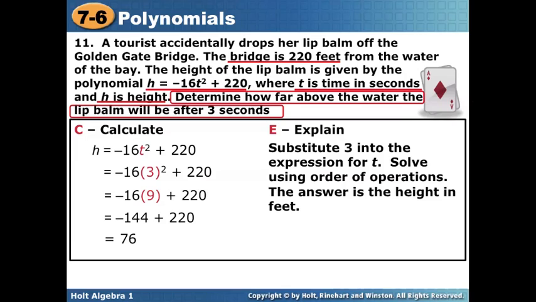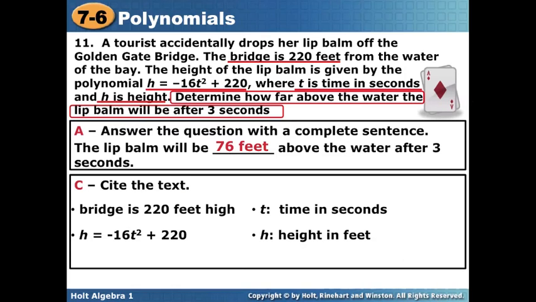Write an explanation of what we have done. We substituted 3 into the expression for t. Solve using order of operations. The answer is height in feet. Remember to go back and fill in your answer in the answer blank. So we'll write that the lip balm will be 76 feet above the water after 3 seconds.